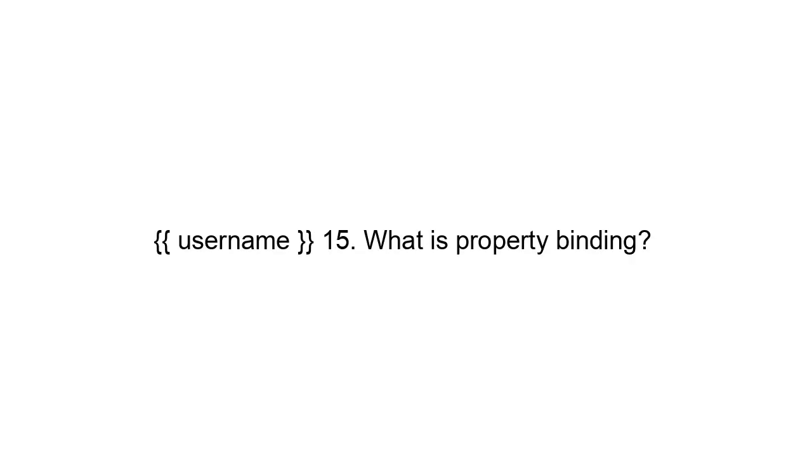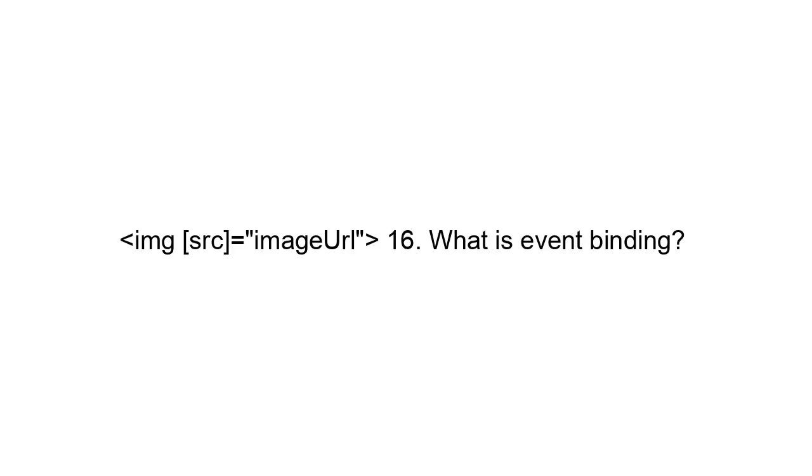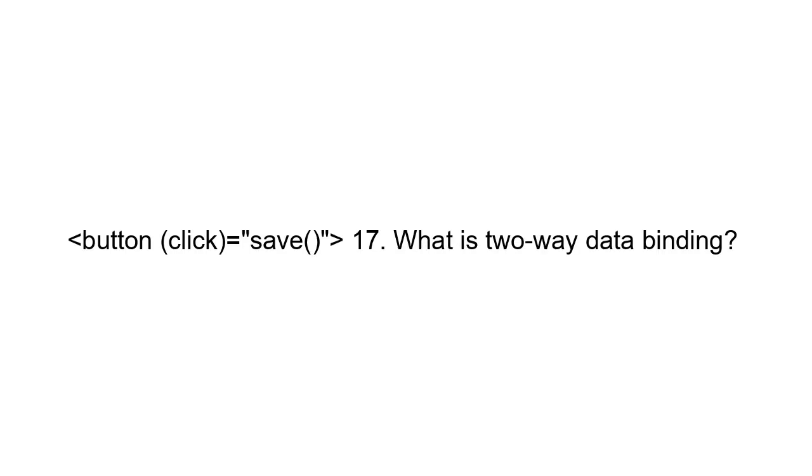Example: {{ username }}. 15. What is property binding? Binds property values. Example: img [src]="imageUrl". 16. What is event binding? Handles user events. Example: button (click)="save()".